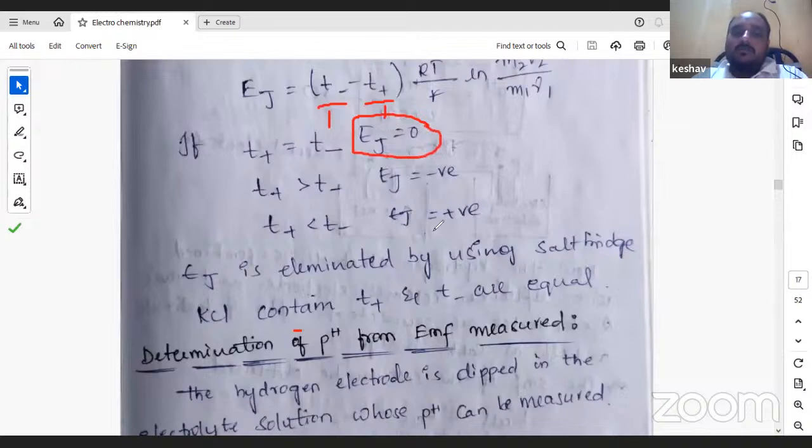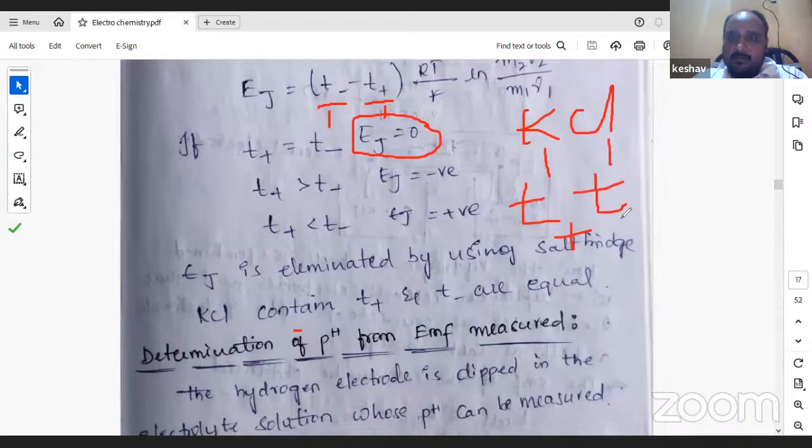That's why in a salt bridge, we are using KCl solution, because K plus transport number is the T plus, and Cl transport number is the T minus. These T plus and T minus are nearly same.